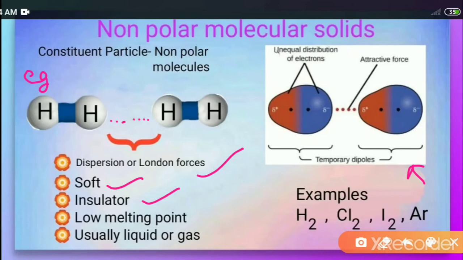They usually have low melting point and are usually in the liquid or gaseous state at room temperature. The examples are hydrogen, chlorine, iodine, argon, etc. So these are the non-polar molecular solids.